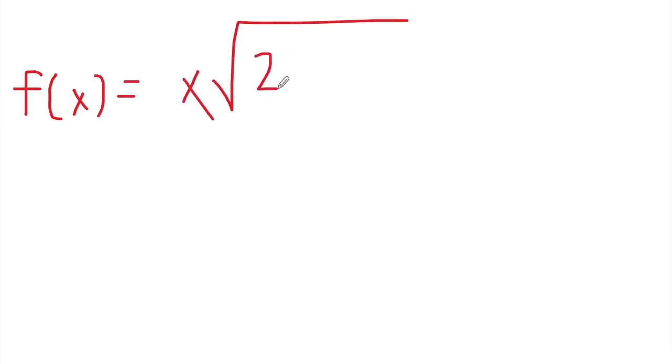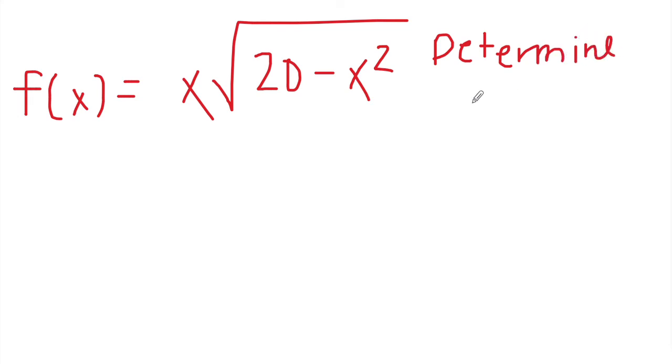So let's say we have f of x equals x times the square root of 20 minus x squared. Now, 20 minus x squared, this is a function. The question is determine if it is continuous at x equals 2.